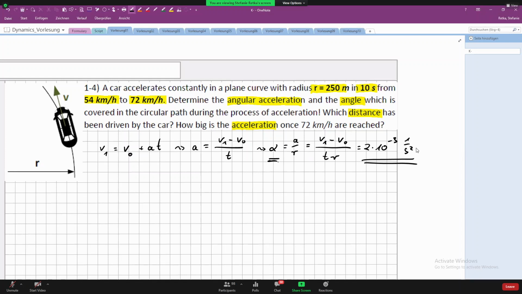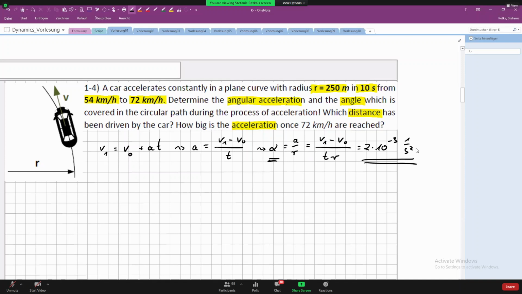Of course, if you have computed a here already, then this would be your tangential acceleration. We go in order of the questions.